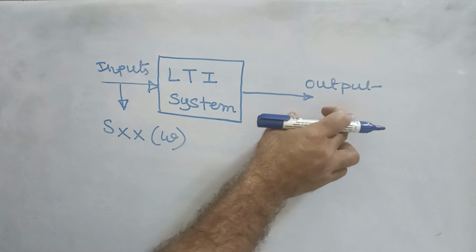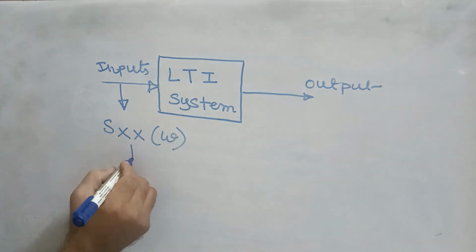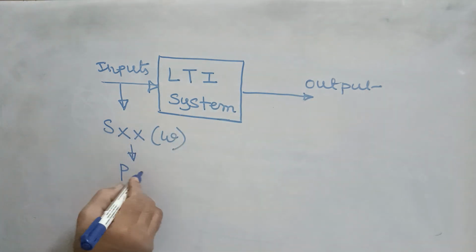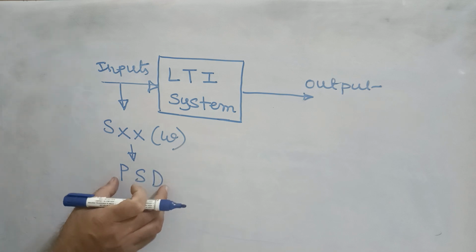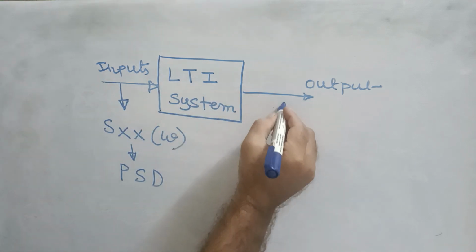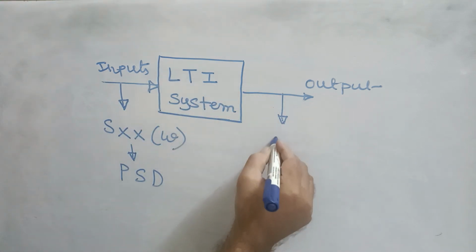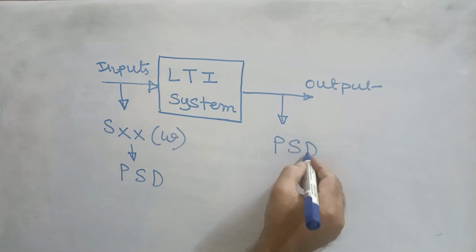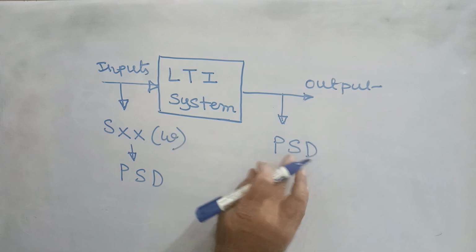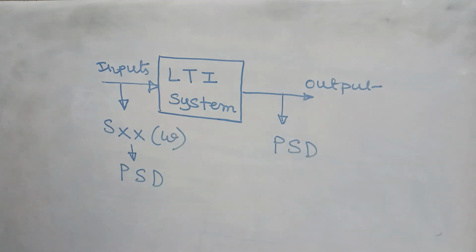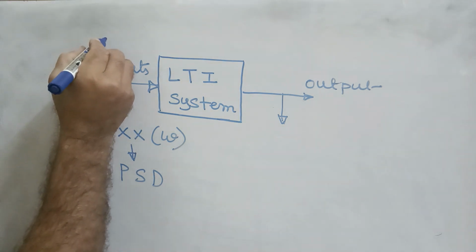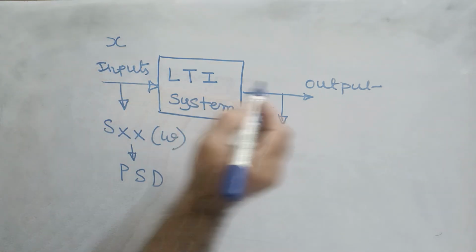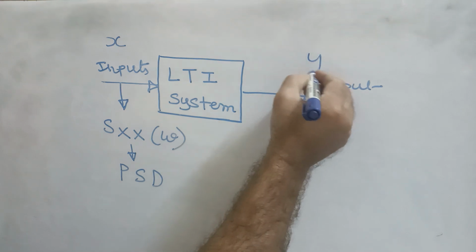If my input is x, correspondingly I will take my output as y.